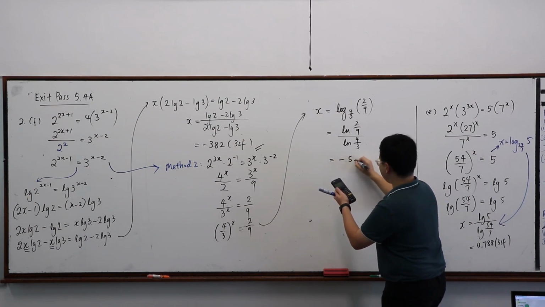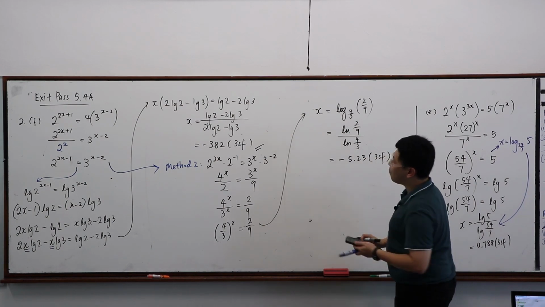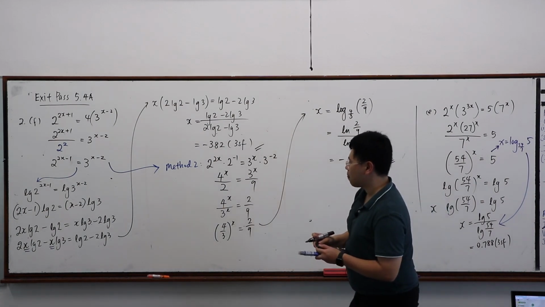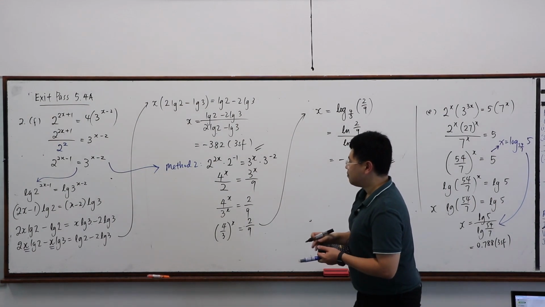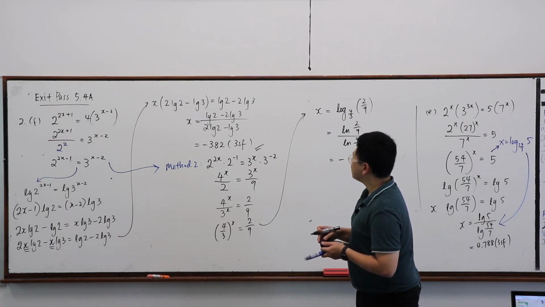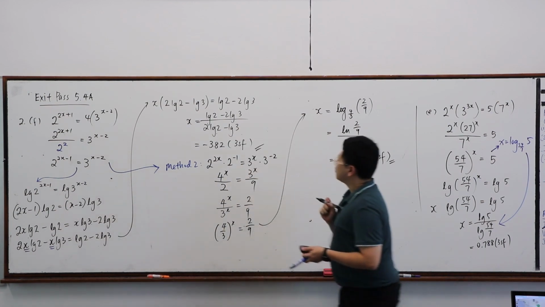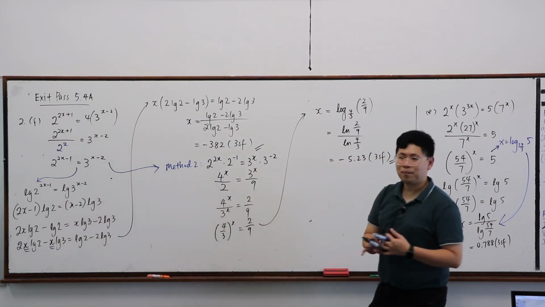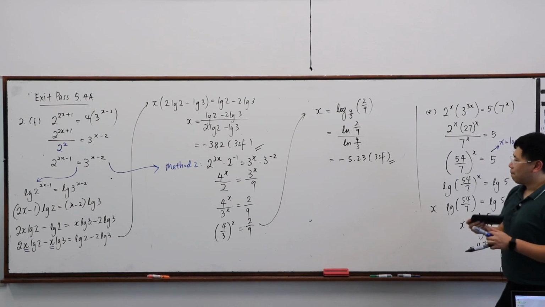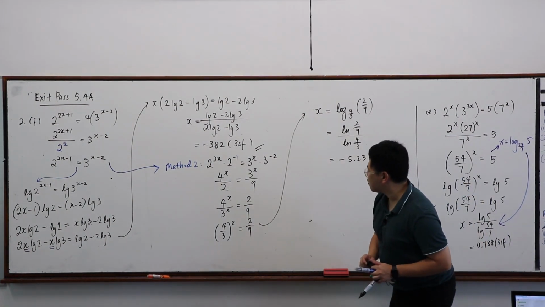Did I do any calculation error somewhere? I think my error is there, right? Wait, correct what? Okay, I'll try to fix this, and I'll put a correction notice. By right, 2 methods should give you the same answer.